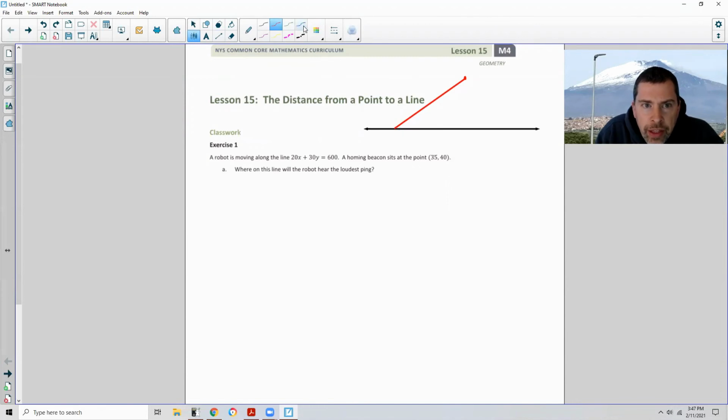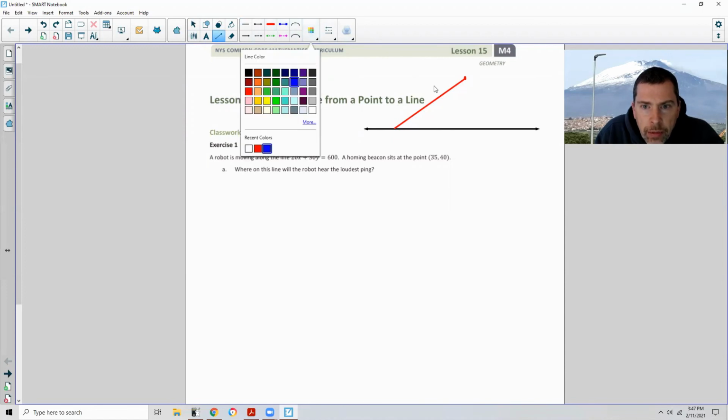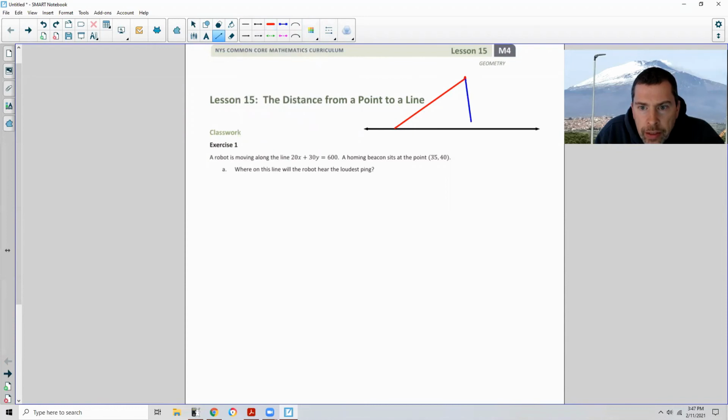But if I then do it again with a different color and make it a different length, and I go say like down here even, the distance that the blue line, the distance from this point to this black line going on the path of the blue line is a shorter distance than this red one, obviously. And as you can see, the further I go down this line here, the longer the red line gets.